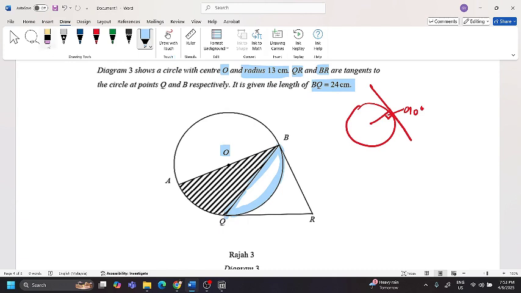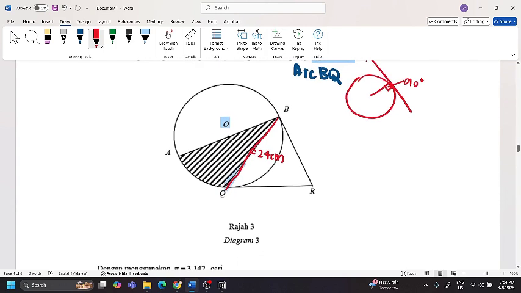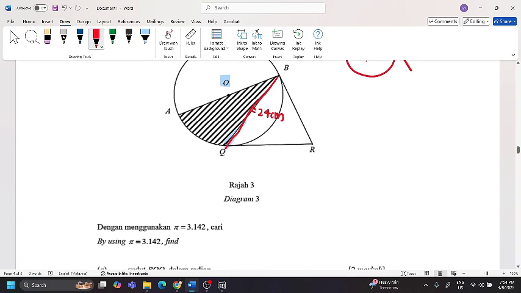Only if they say the length of arc BQ do you take it as the arc. If they never say arc, you assume it as a straight line. So here, the 24 centimeters is the straight line BQ. You only assume it as the arc if they say. If they never say, then you assume it as the straight line.